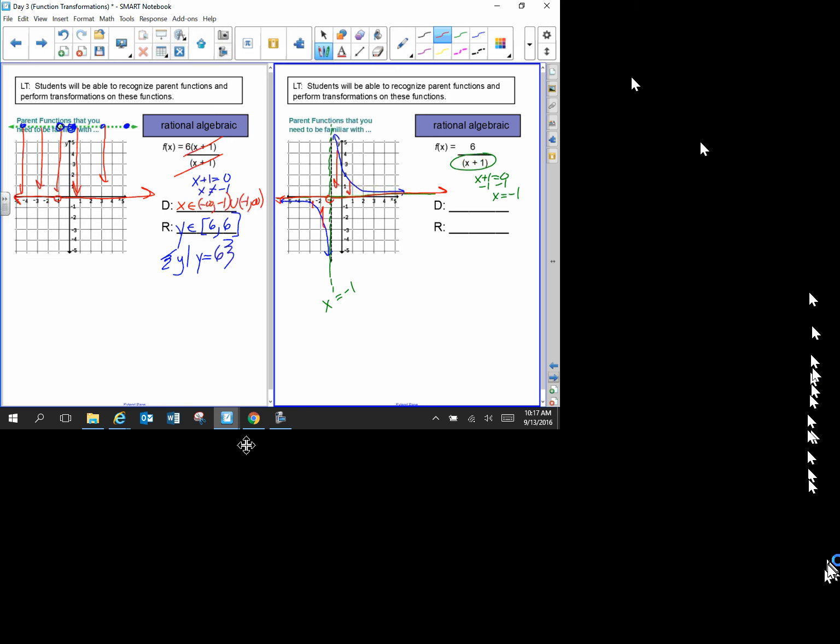That's what an asymptote is. We had an asymptote right here at negative 1, so that's what that value means. So our domain is, maybe I'll put it in set notation because I'm running out of room, x cannot equal negative 1.